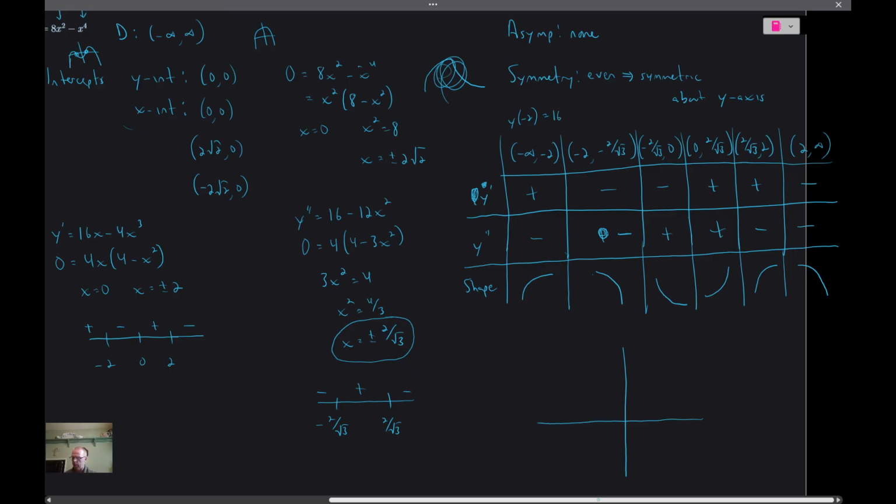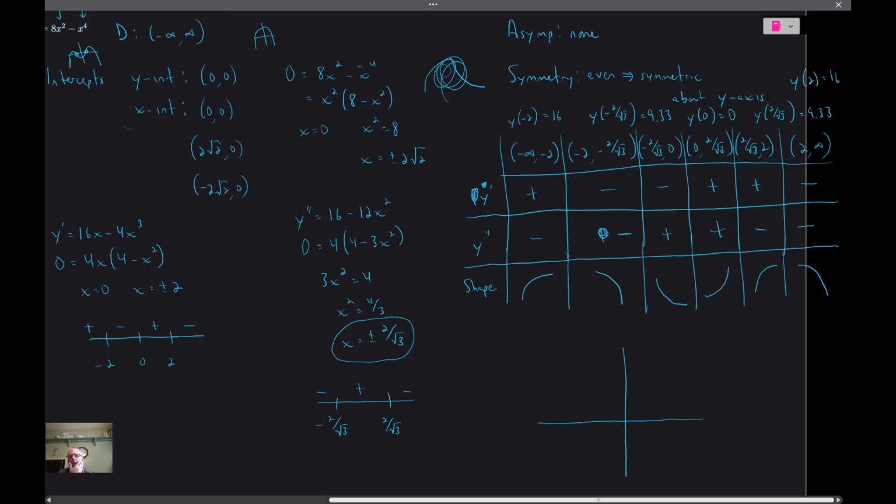And negative 2 over square root 3 is 9.33 repeating. Y of negative 2 over square root 3, 9.33. Y of 0 is 0. And then, of course, since this is even, y of 2 will also be 16. Y of 2 over square root 3 is also 9.33. So you could put that in the calculator, but this is an even function, so that is going to be true. And then y of 2 is 16.